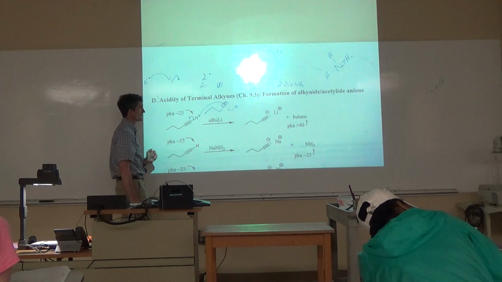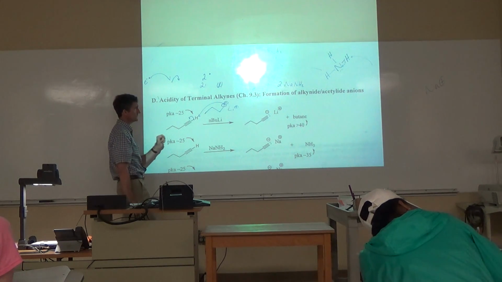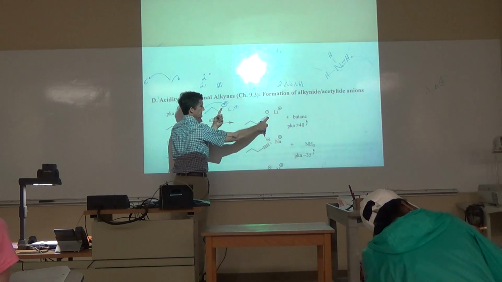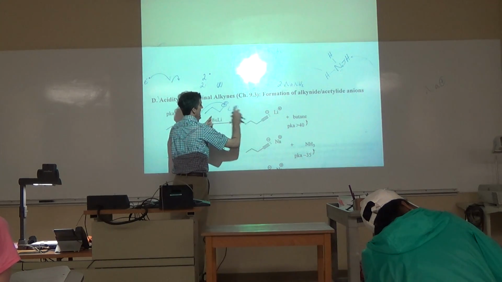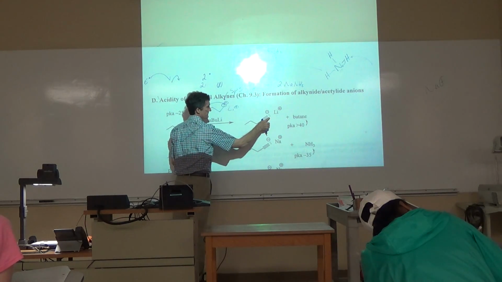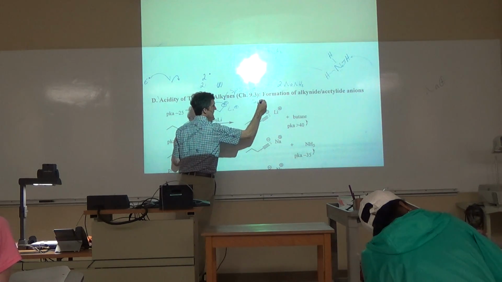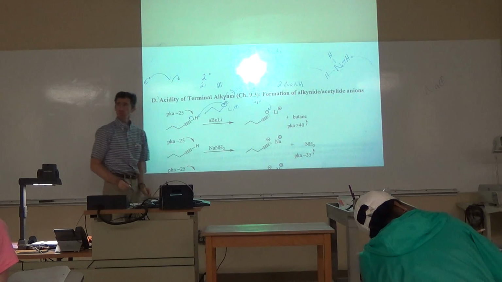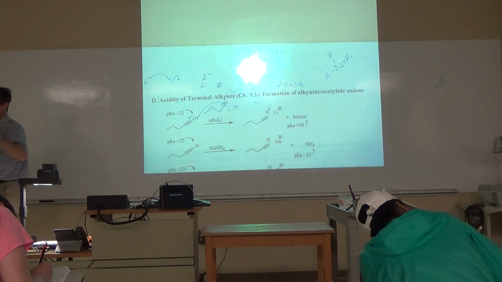Yes. Why? Look at the stability of your two carbanions. Which one's more stable? This one is sp3. This one is sp. Much more stable, right? That's why the reaction is going that way, even though it's going from one carbanion to another.